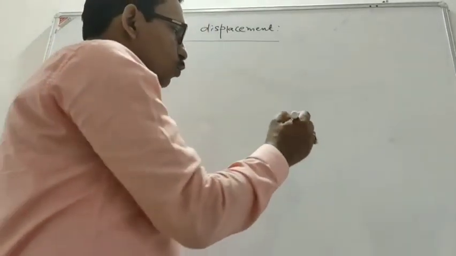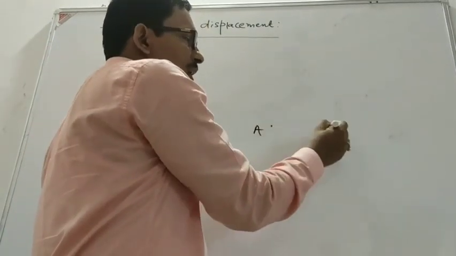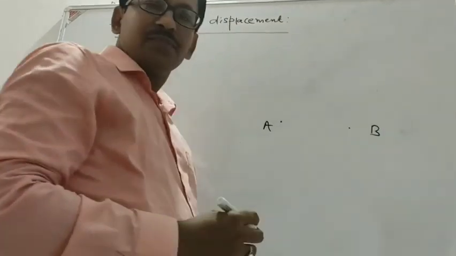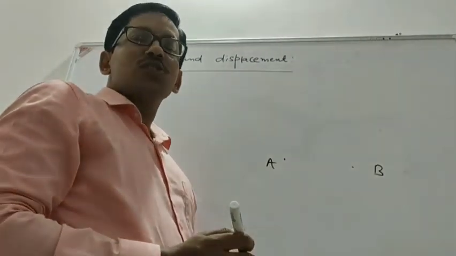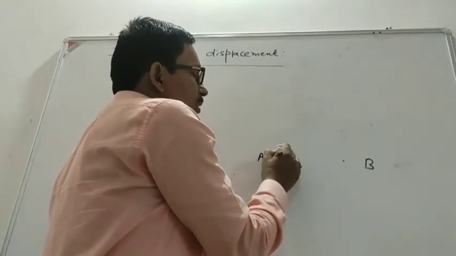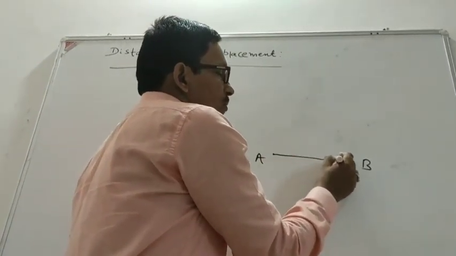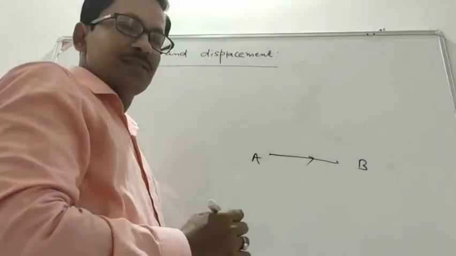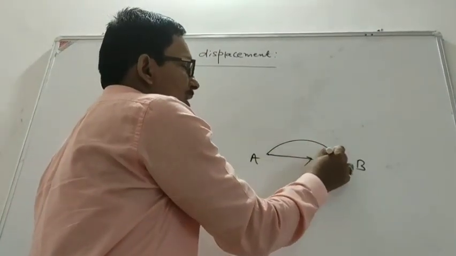Suppose there are two places, A and B, and one person is going from A to B. He may follow this path, a straight path. He may follow this path.